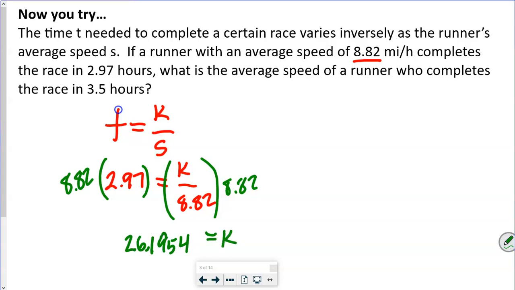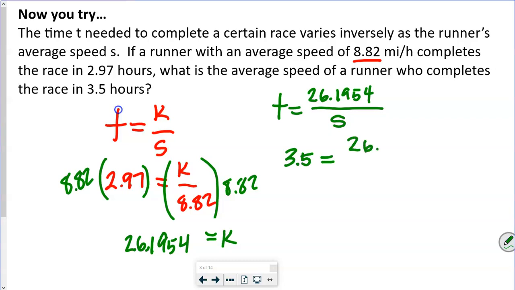So then our equation is going to be t equals 26.1954 divided by s, right? So then it says, what is the average speed of a runner who completes the race in 3.5 hours, right? So that's our time. So we're going to say 3.5 is equal to 26.1954 divided by s.